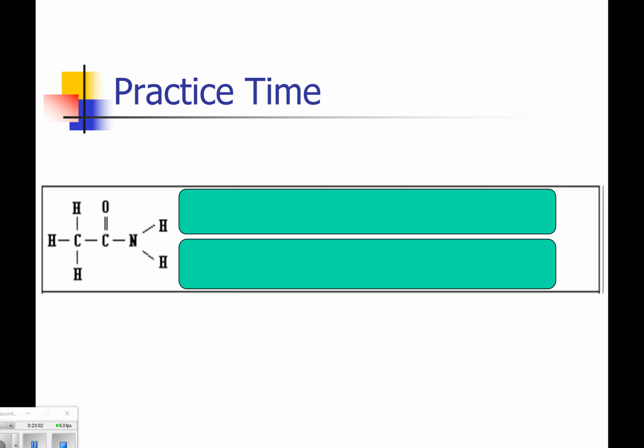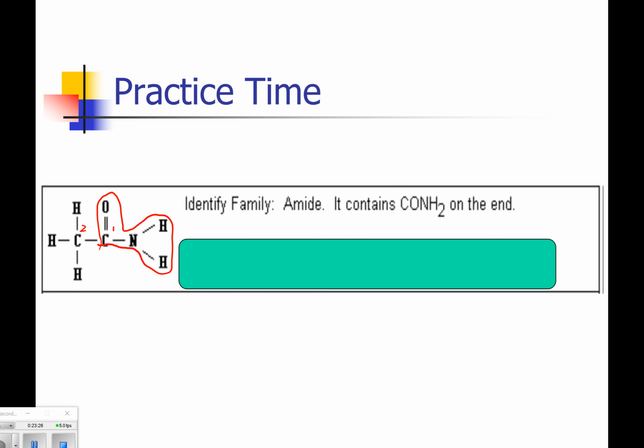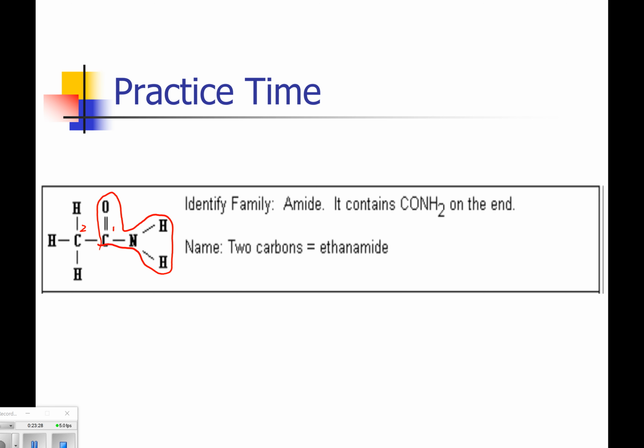We want to try and identify what the functional group is and name each of these molecules. The first one here, we have 2 carbons, which would be eth, and we have this amide group on the end. So this would be ethanamide.